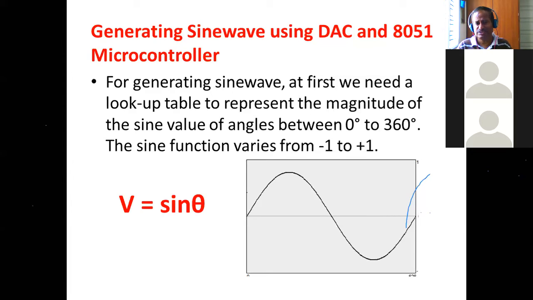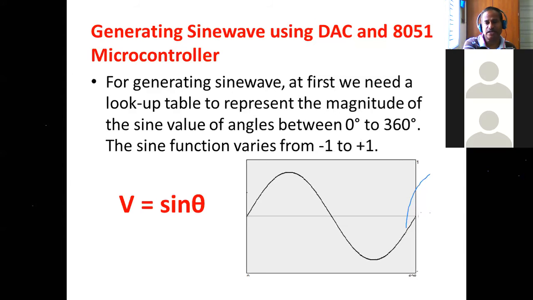Actually, in this diagram, the theta values are infinite, that is 0 degree, 0.1 degree, 0.2 degree, like this. We have infinite values of degrees. Because of that, we have infinite different amplitudes.